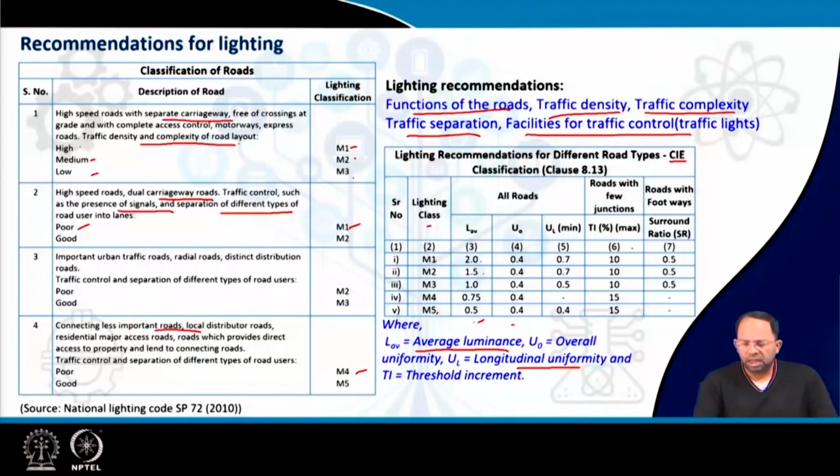Like roads with few junctions, and roads with footways, you can see the surround ratio. As you can see, there are pedestrian pathways, so the surround ratio has to be more. And in case of junctions, the threshold also varies for different categories of road.